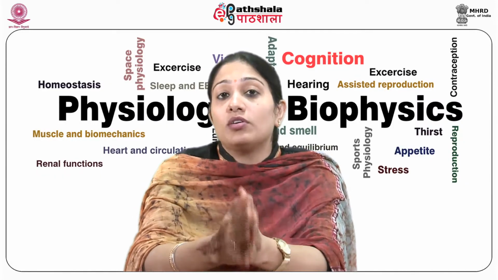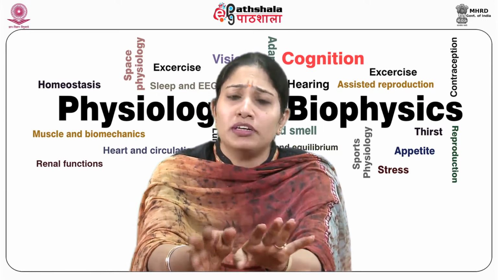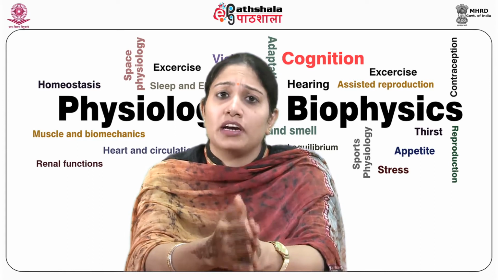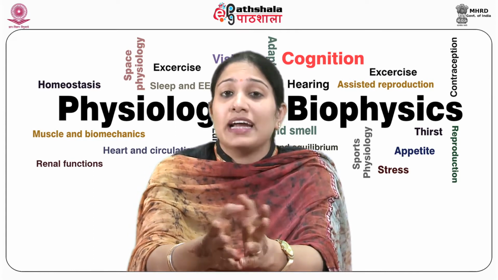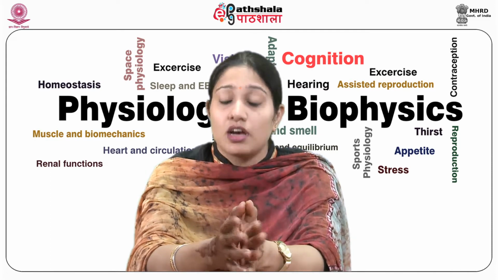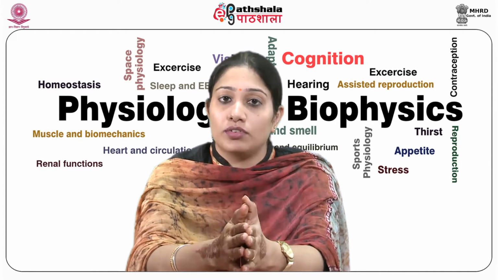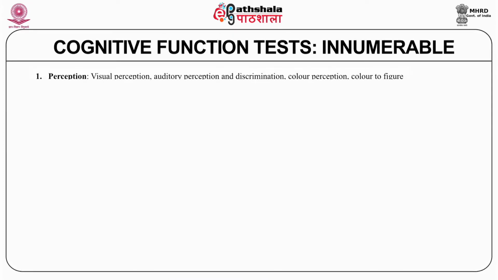So now if we talk about the next level, which are the cognitive function tests, there are innumerable tests which are present which can be targeted onto specific cognitive domains. To cite an example, this table depicts some of the cognitive function tests according to the domain involved. So if perception is involved, we can do visual perception, auditory perception, discrimination, color perception, color to figure matching, and so on and so forth.